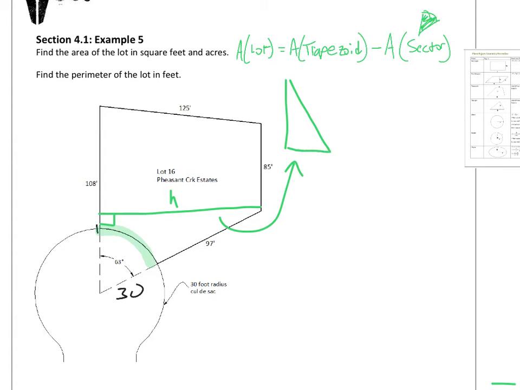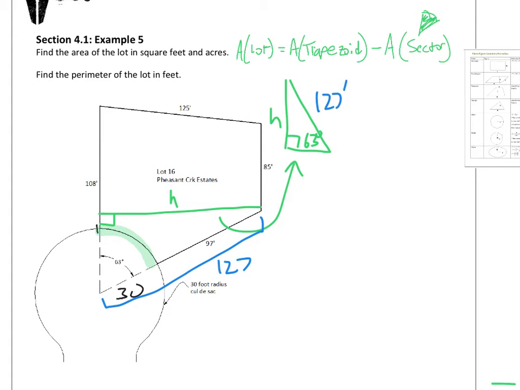We know that there is a 63-degree angle, and we know that there's a 97-foot hypotenuse, and we need this H. Now I got to be careful here. Actually, I just made a mistake. Is this whole side 97? This seems like it should be bigger than 97, and it actually is because they've got this 30 plus 97, so this would be 127. So I've got to change that 97. It's not 97. It's going to be 127.